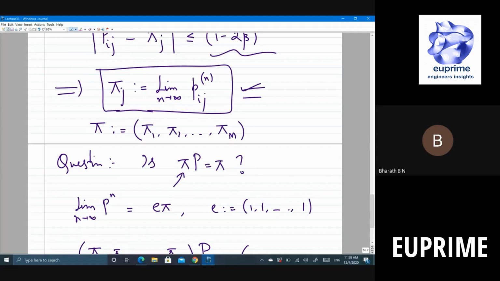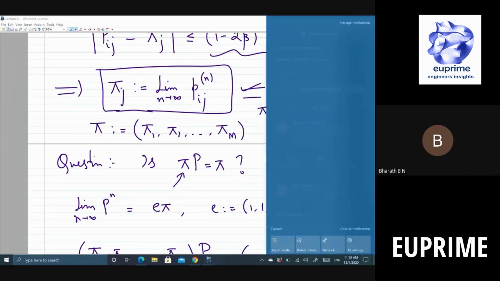So for example, if I want to write the vector pi, what does this mean? See, pi 1 is the limit of p1j n, pi 2 is the limit of p2j n, right? And so on. Pi m is the limit of pmj n, right? So that means basically you are looking at the columns of P, especially the columns of P power n, right?